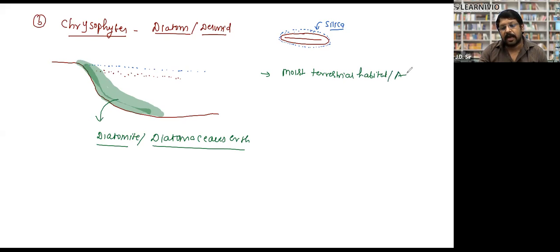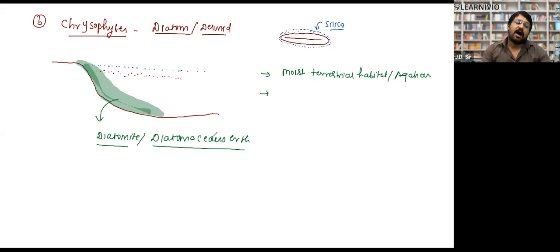So most of them are aquatic, but some of them are found in moist terrestrial habitat. Next point. They are free floating structures. Full stop.